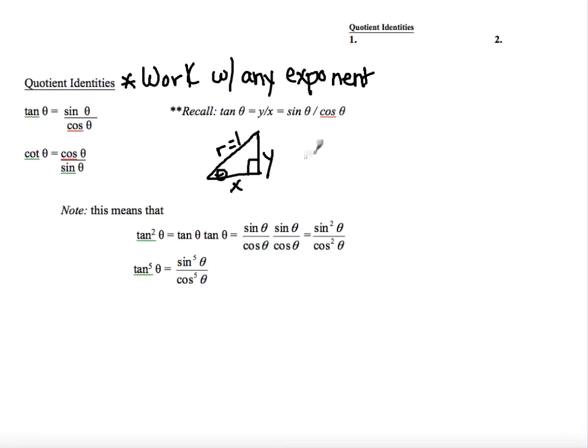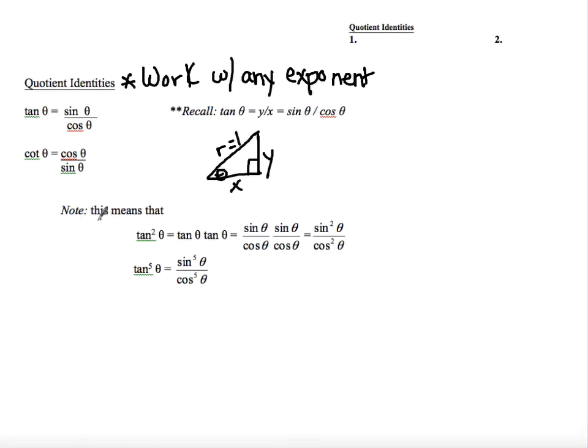And we also remember from the unit circle that the y value tells me the sine and the x value tells me the cosine. And so from that triangle from chapter 4, the tangent is y over x, which we know is the same as the sine over the cosine. So that's where our tangent comes from, that same exact triangle.